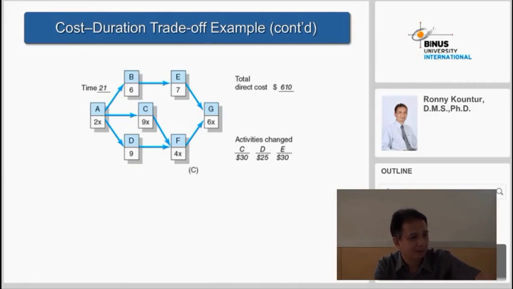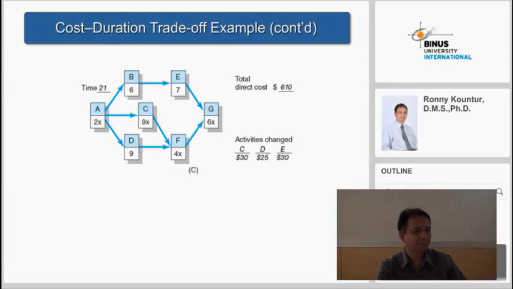And C we cannot reduce anymore, so put X on C. So when we reduce E by 1, C by 1, D by 1, the critical path will be reduced. Okay, so the critical path now is A, C, F, and G, which is a total of 21 days.